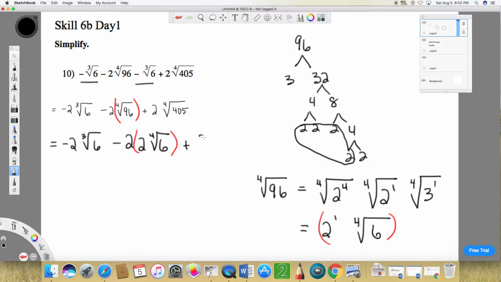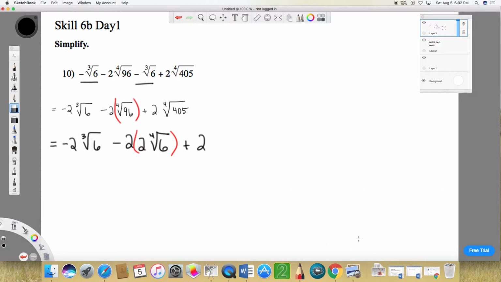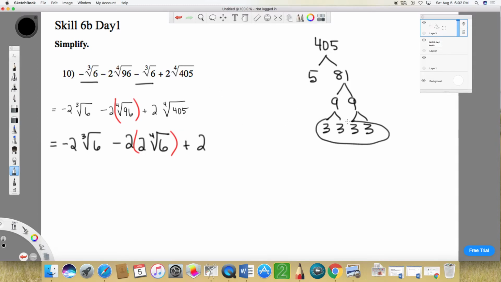Well, now I'd like to break down the 405 and see what's going on there. It ends in 5, so it's divisible by 5. Play with the calculator, and I think that you'll see that 5 times 81 is 405. And 81 is 9 times 9. 9 is 3 times 3. We're looking for groups of 4, and we found one.